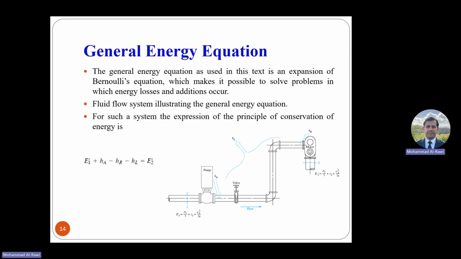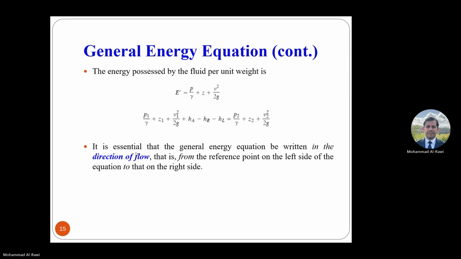This is very important because the expression starts from the principle of conservation of energy. That is the equation we need to be aware of. This is how you write the general equation in terms of pressure, Z elevation and velocity head, adding HA related to the pump, HR related to the turbine or motor, minus HL losses.